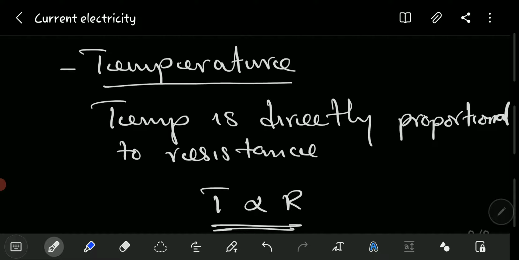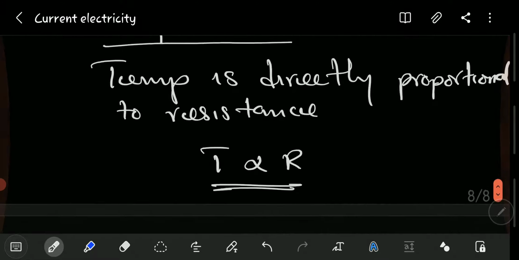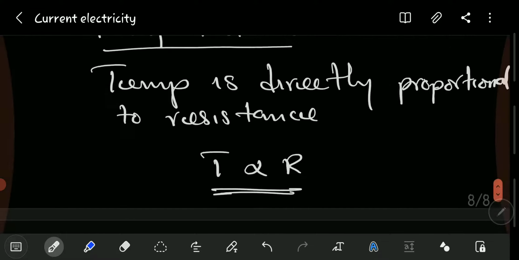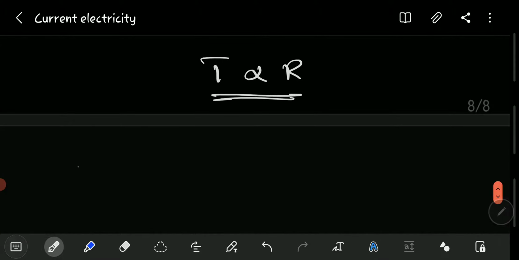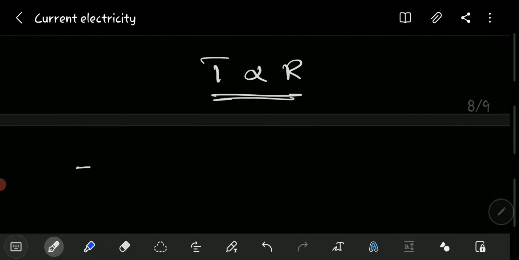Because the resistance increases, we expect the electrical component to get burnt or destroyed. The second one is length of the conductor.